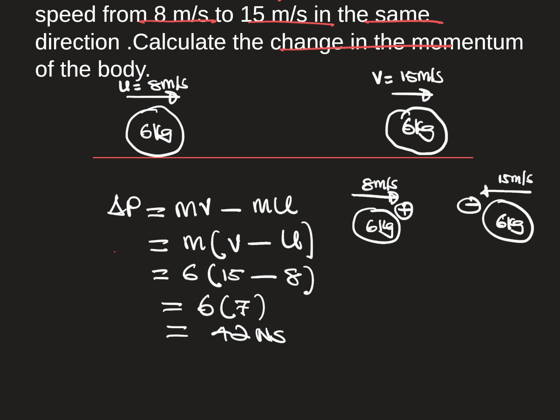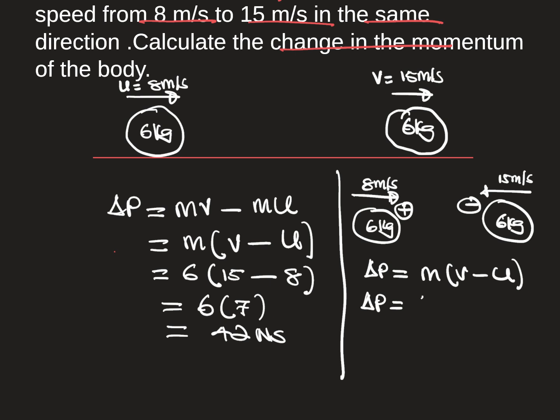So with that, the change in momentum is m, we've said, v minus u, right? The mass is 6 into the final velocity, negative 15 if we consider its sign, moving from right to left, minus the initial velocity 8.